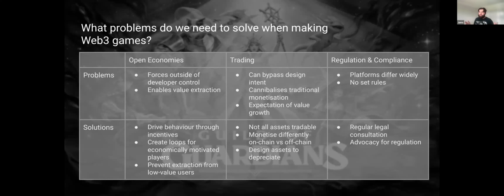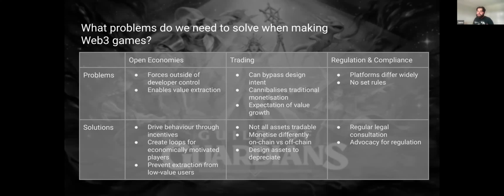That's a really big problem that a lot of developers have a hard time transitioning towards, because they are used to having complete control over the economy. If they really wanted to, they could just say, all right, we're dividing all of these assets by 10, which is actually a common practice in games as they age: rebasing the economy.